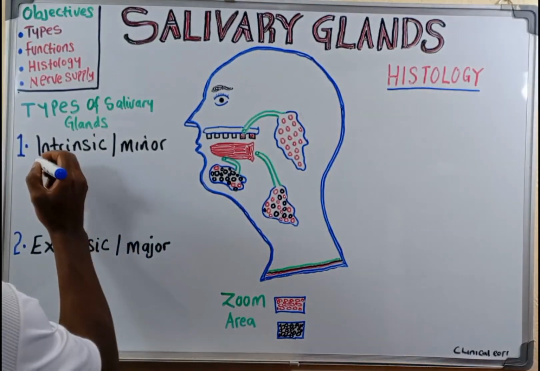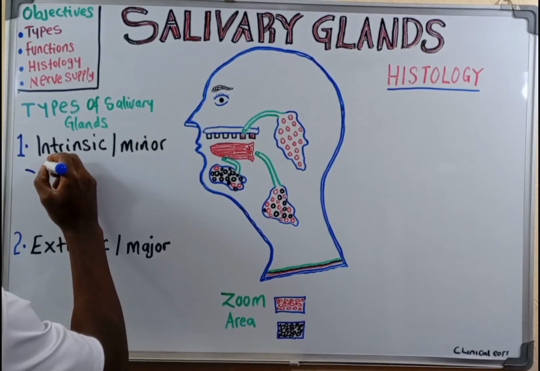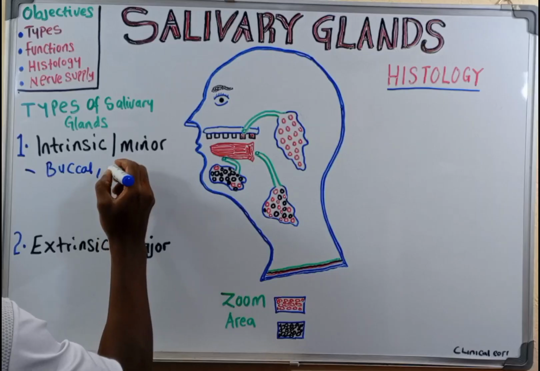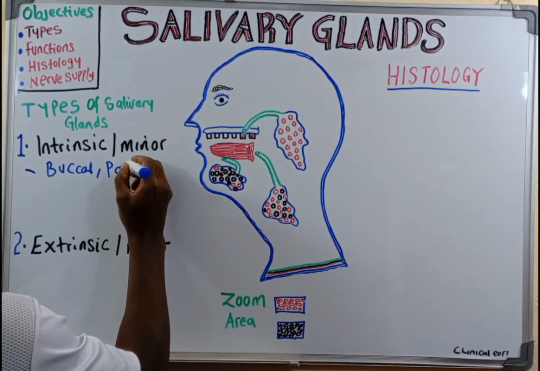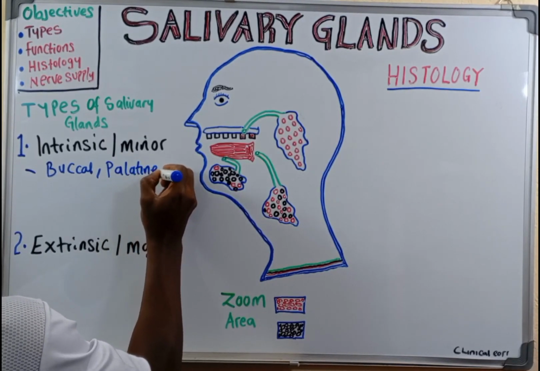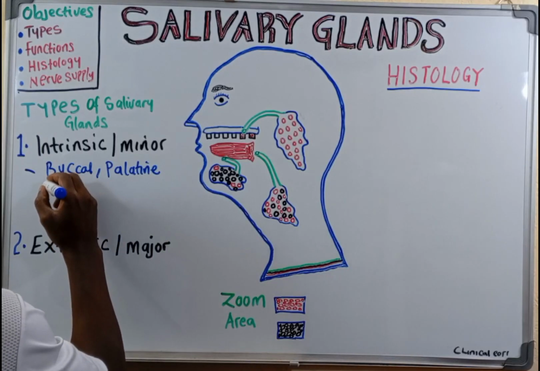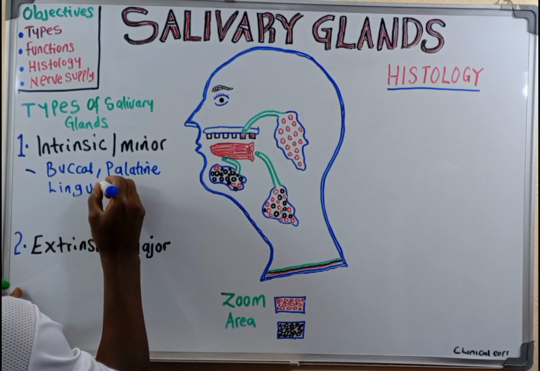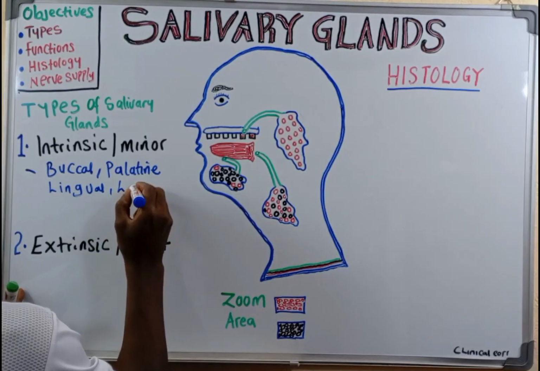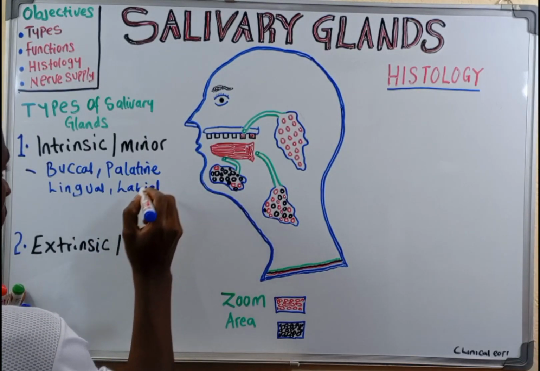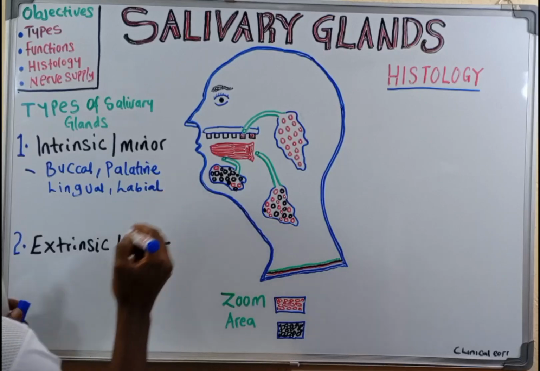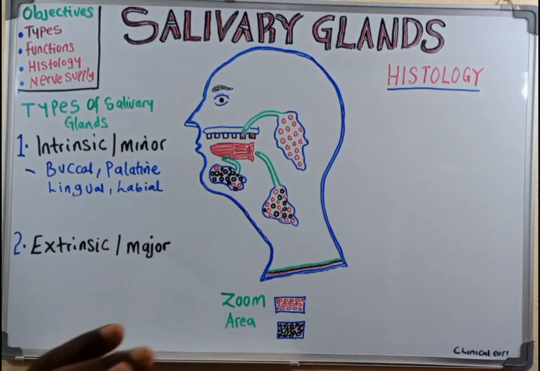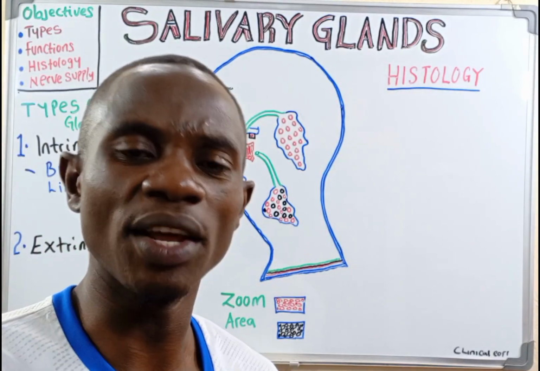So we have the buccal, the palatine, the lingual, and also the labial. These are all the intrinsic salivary glands residing inside the oral cavity.